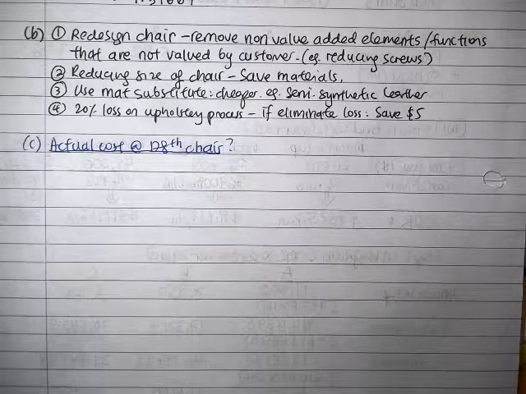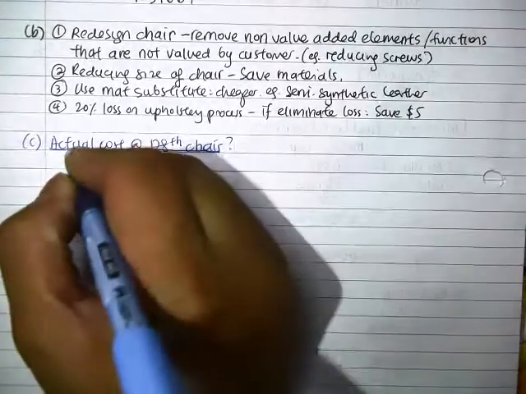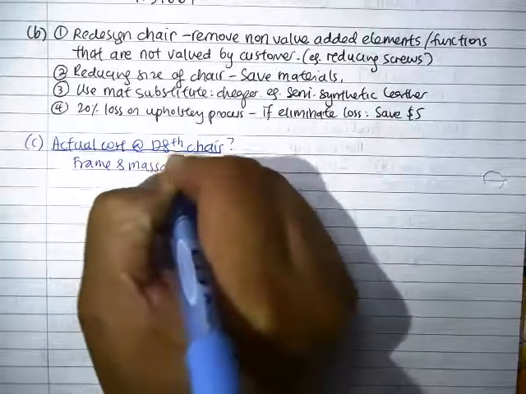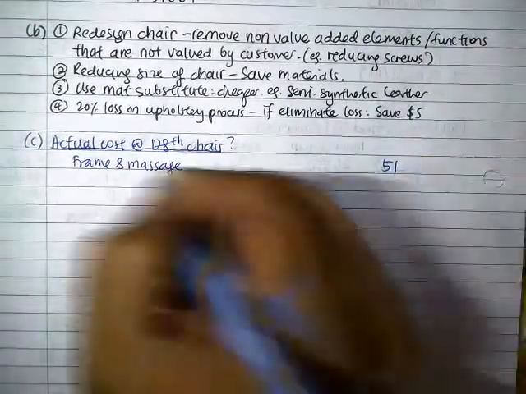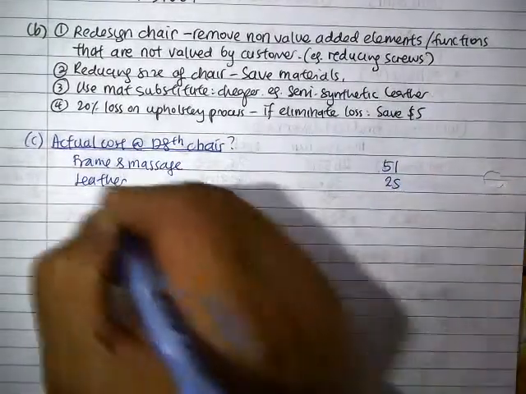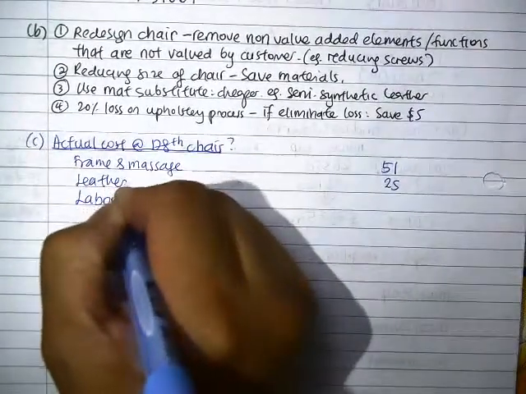So work out for me, what is the labor cost at the 128th? Your frame and massage is the same. The leather also the same. So now it's only the labor.